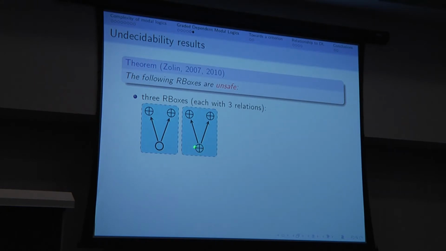We can put transitivity here, and still the logic is undecidable. Flip it upside down. Again, the problem is undecidable. The RBox is unsafe. And the natural question is whether the fourth one is safe or unsafe. It's an open problem by now.